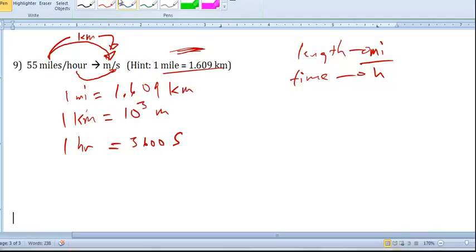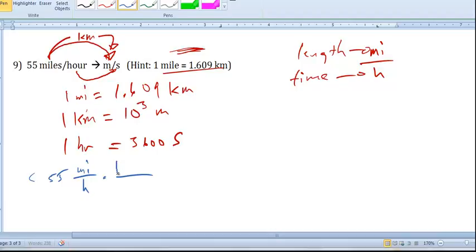All right, so let's put this all together. I'll start down here. So 55 miles per hour. All right, and now I'm going to apply the first conversion factor, I want to get miles into kilometers. So what I want is kilometers.